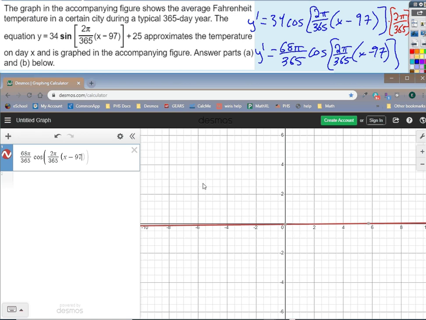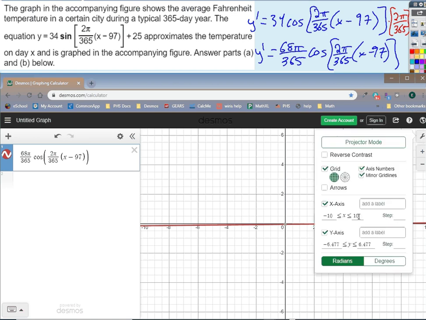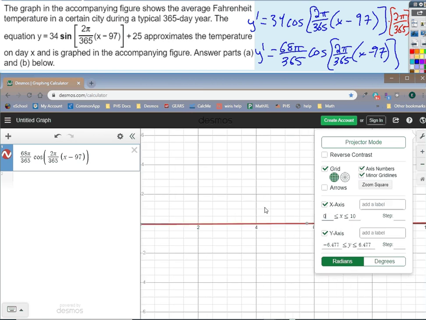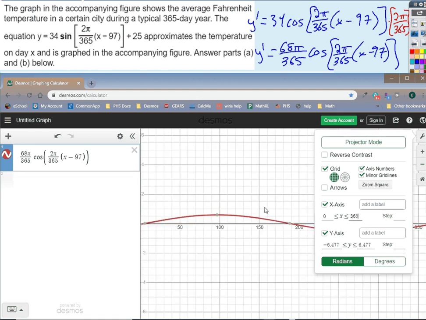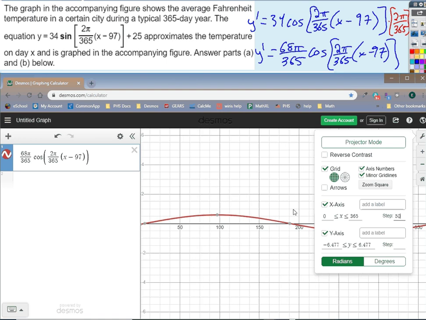Now we need to probably change our scale pretty massively here, right? So we want to go from where to where? 0 to 365. By, I don't know, 50s. Sure. Can we do 31 just for months?